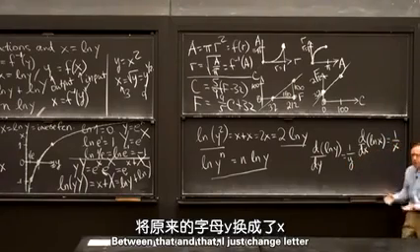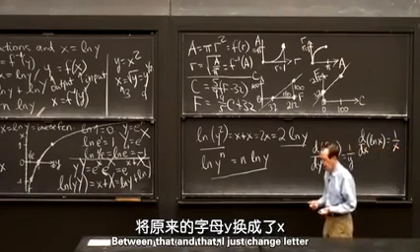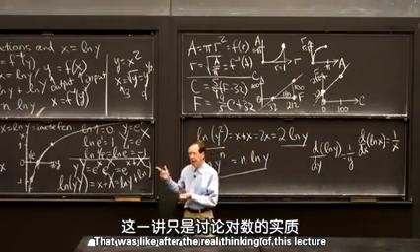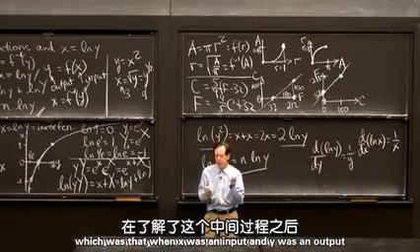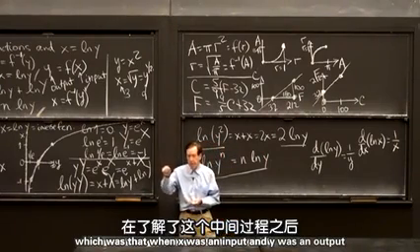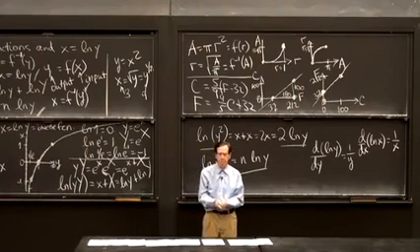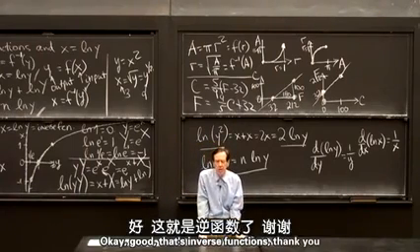Between that and that, I've just changed letters. That was after the real thinking of this lecture, when x was an input and y was an output, and I really needed 2 different letters. Okay, good. That's inverse functions. Thank you.